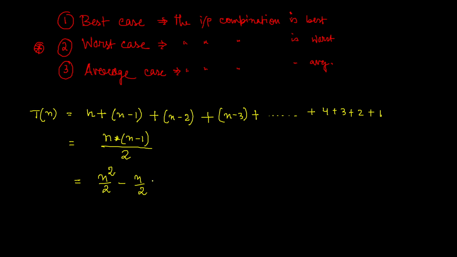So this is your Tn. Now, the same situation arises here. I have a quadratic class of function, half n square, minus half n, which is a linear class of function.